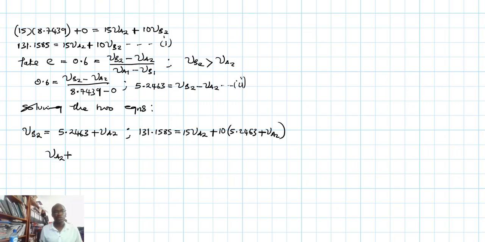Therefore, our VA2, if we solve that simultaneously, is equal to (131.1585 minus 10 times 5.2463) divided by 25.